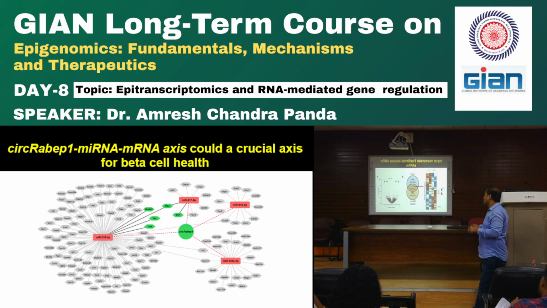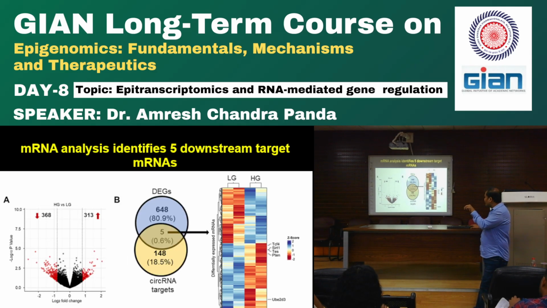And then in the high glucose, low glucose, we also did sequencing to find which genes are getting overexpressed or downregulated. And from the sequencing we also had the circular RNA data. As I said, if the circRNA goes off, it will inhibit the microRNA, right?